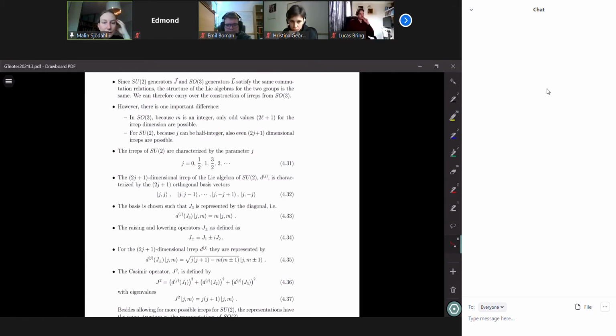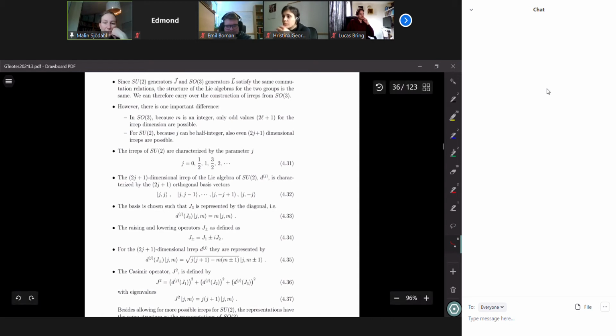And then the 2j plus 1 dimensional irreducible representations of the Lie algebra of SU2 are characterized by an orthogonal basis, much as we did for SO3. So we can copy paste all the math we did for SO3, and we can construct orthogonal basis vectors.